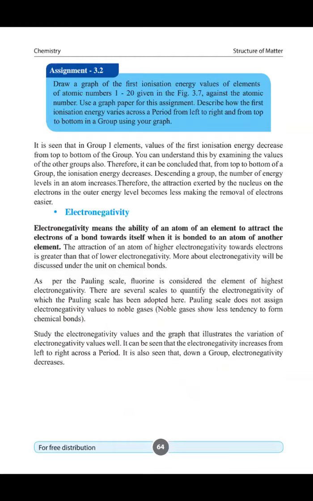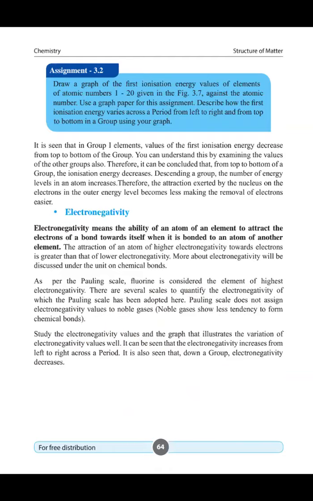The attraction of an atom of higher electronegativity towards electrons is greater than that of lower electronegativity. If a certain atom is more electronegative, it attracts. More about electronegativity can be discussed under chemical bonds, that is about the covalent bonds.